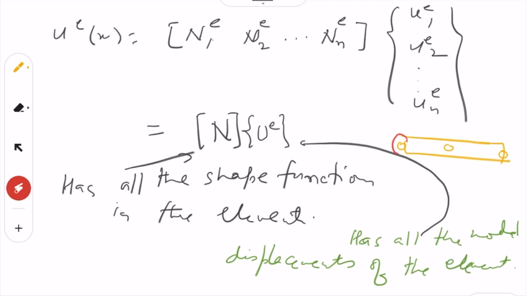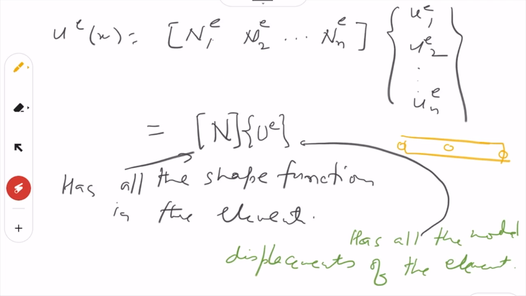You exactly know the value here, and maybe here, but the value in between we can find using this interpolation function multiplied by this, and you put the value of x or the nodal coordinates.